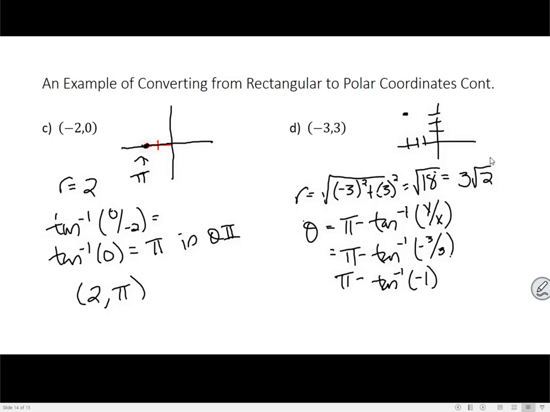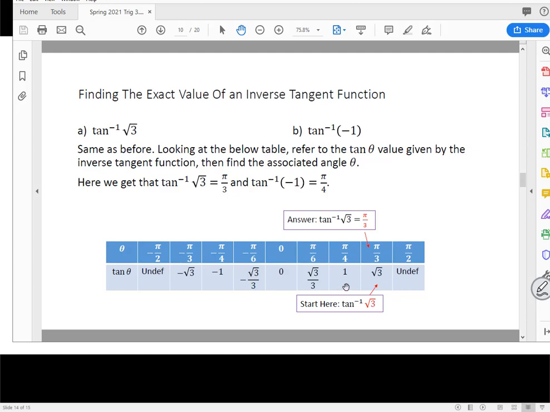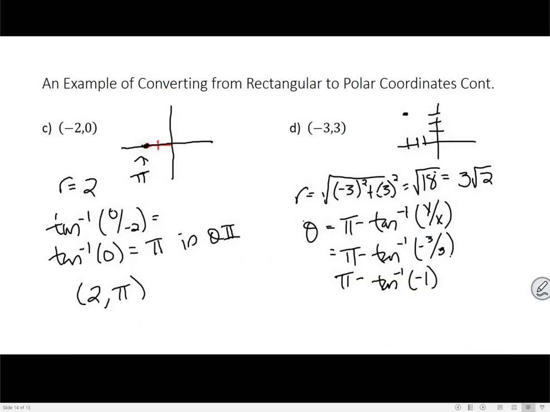So this sounds like a value that is in my trig table here. Tangent inverse is equal to -1 at -pi over 4. Again, unfortunately, this is a negative angle here. We don't want a negative angle. So let's use our quadrant 1 angle of pi over 4 and plug that into this formula.